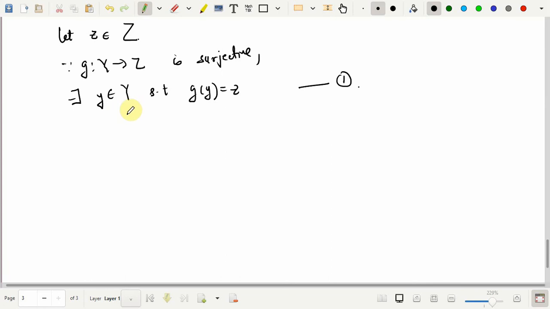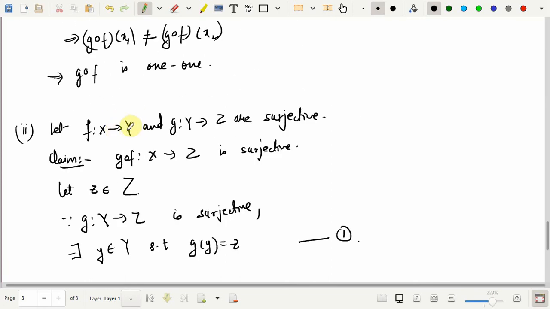Now you use the fact that this f is surjective. So for that y in Y, there should be a pre-image, right? You should be able to find a point in X which serves as the f image of that y.